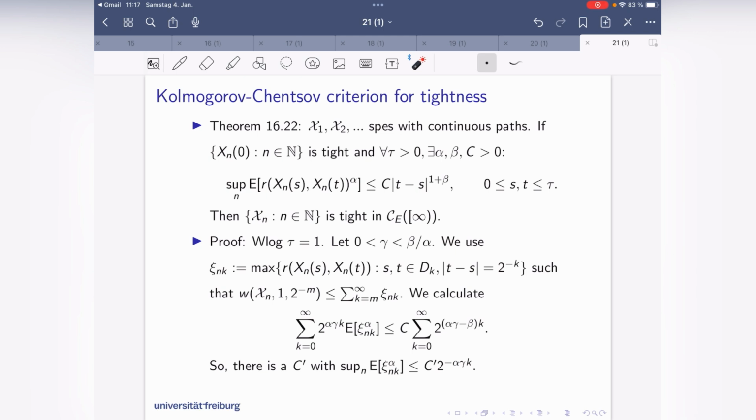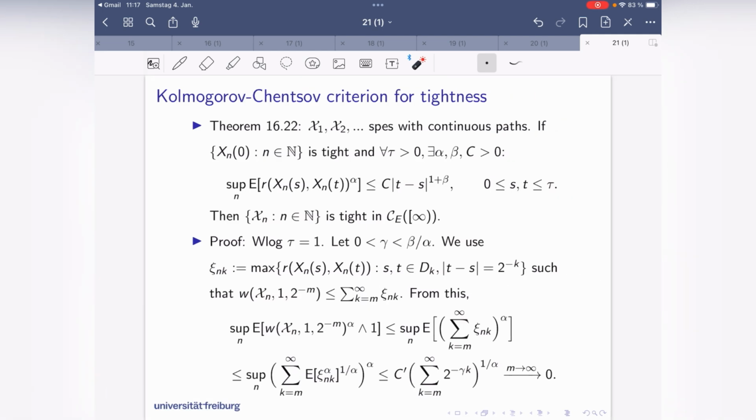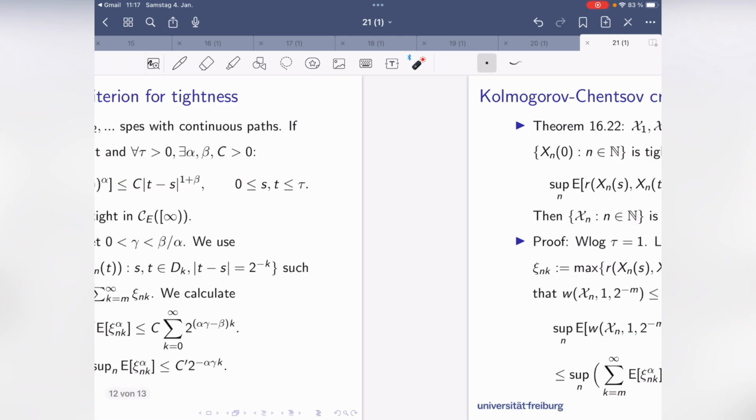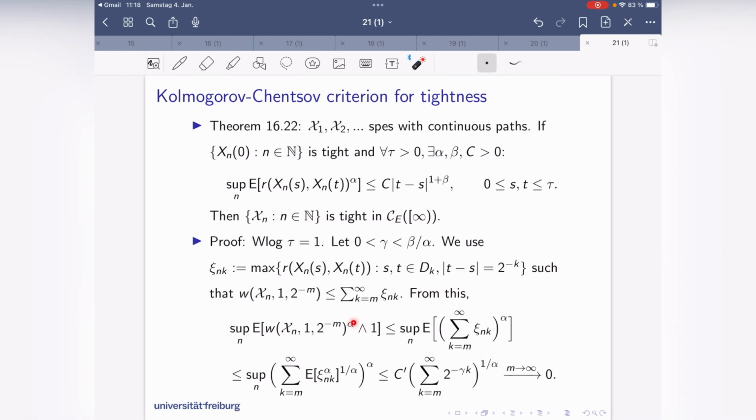So alpha times gamma is smaller than beta, which means that this thing here converges. This thing converges, which means I can bound this thing here by some constant times 2 to the minus alpha gamma k. Okay, this here we had, I'm summing all these here from m to infinity, to the power of alpha, which I also apply here. I'm using this inequality, I think.